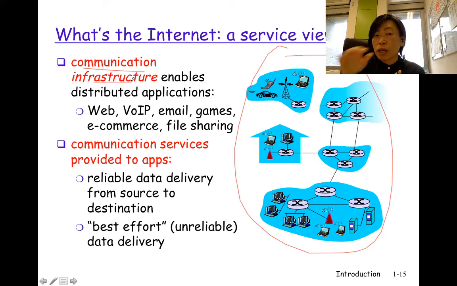These applications will be running on top of the communication infrastructure, on top of the physical internet. These applications are by default distributed, because you need a client side somewhere on the end systems, for example here, and a server side running somewhere here.